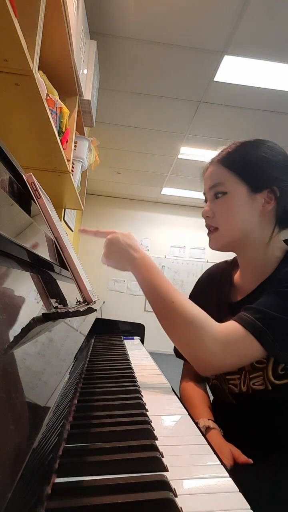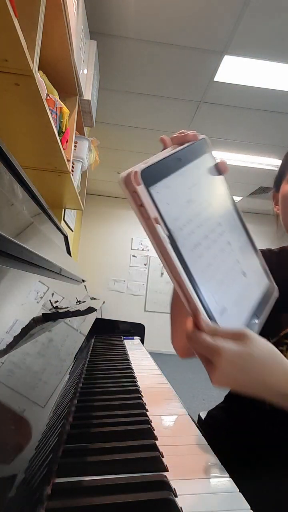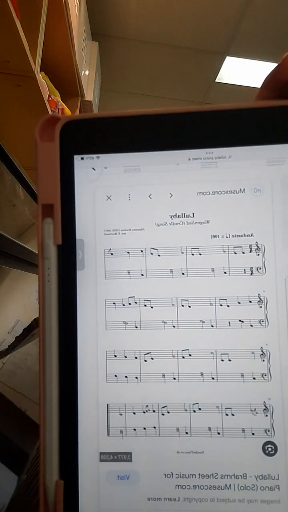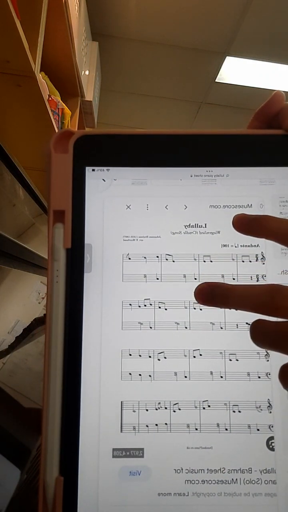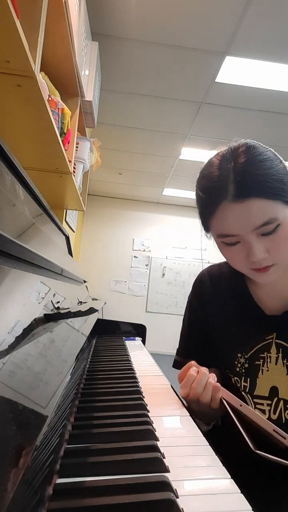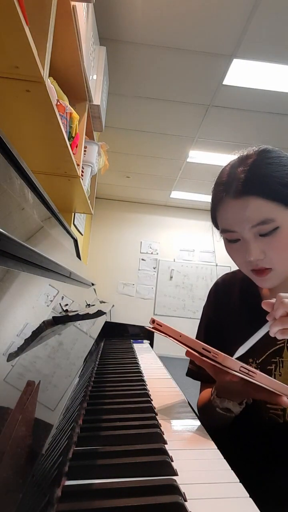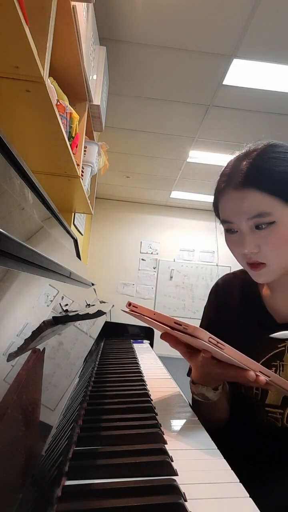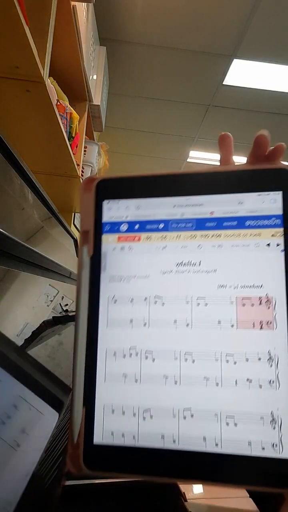Okay, so if you see the music score, this is right here. 1 second, let me write down. Okay, so I'll circle the note for you. 1 second. Okay, it's over here, the red one.